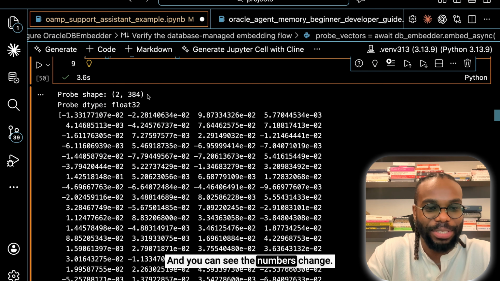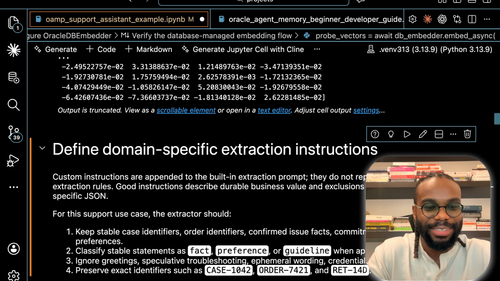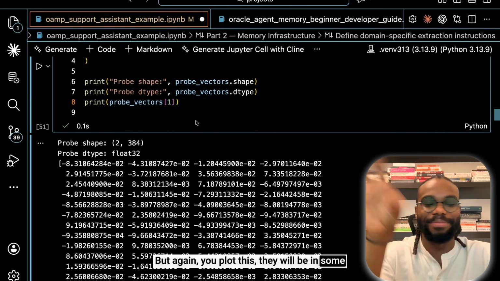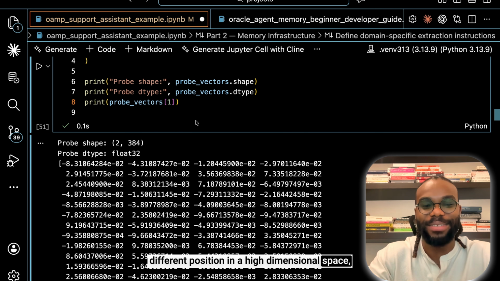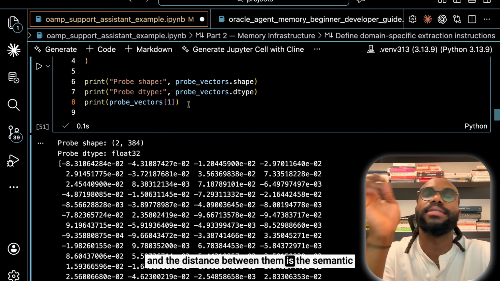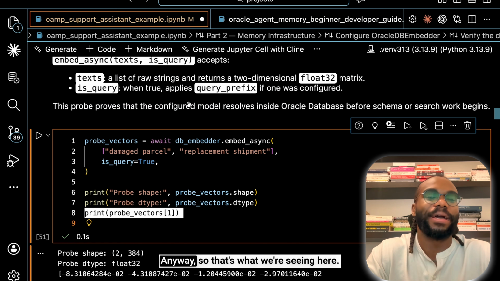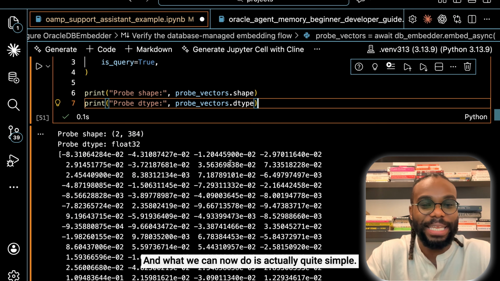You can see the numbers change. They're different numbers now. But again, if you plot this, they will be in different positions in a high dimensional space, and the distance between them reflects the semantic similarity between the vectors. Anyway, that's what we're seeing here.